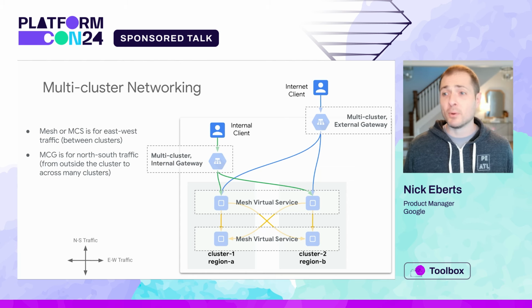And then also equally important is how you get into the cluster. Multi-cluster gateway, part of the new Gateway API spec. There are implementations of multi-cluster gateway out there that allow you to have a single load balancer that distributes traffic across multiple clusters, right? So that whenever that service comes up in a new cluster and becomes healthy, it participates in the back end of that load balancer.